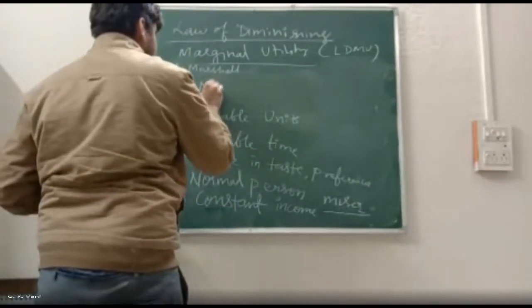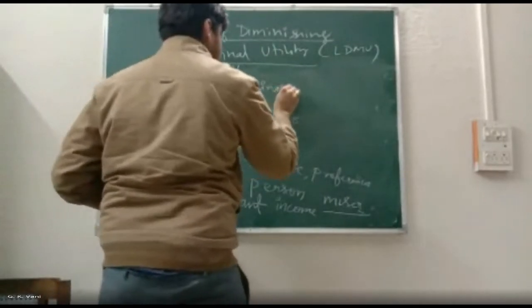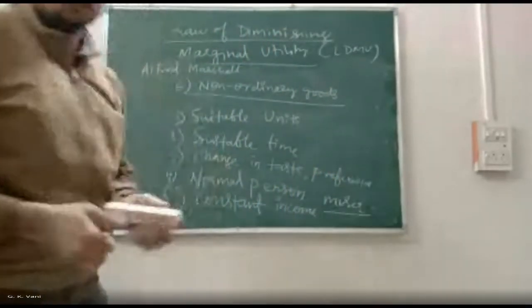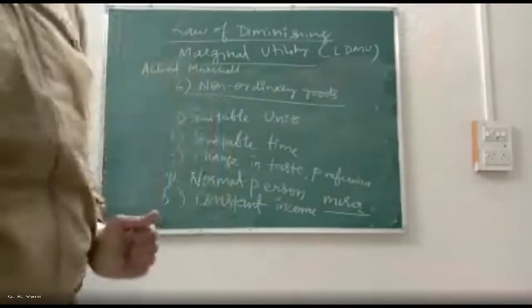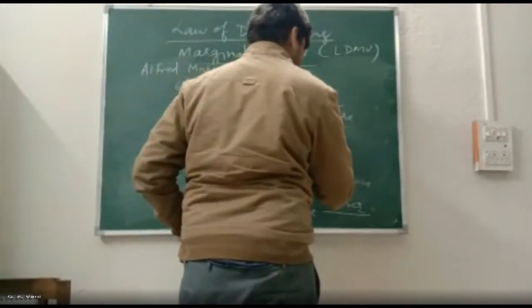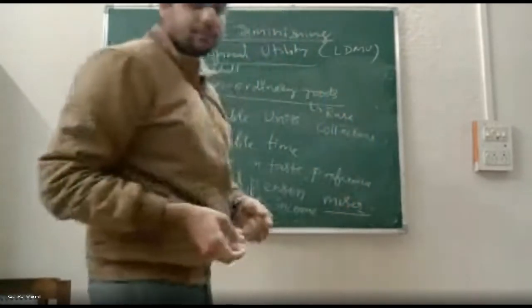Then, non-ordinary goods. Non-ordinary goods means some goods which are rare collections, some paintings like Mona Lisa painting, which is only one in the world.